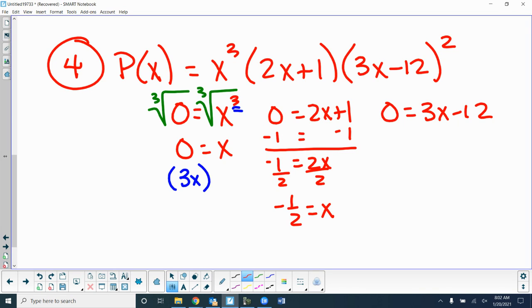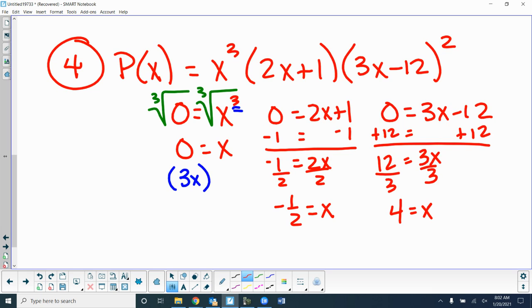Okay? You can hold on to that while we're going over this stuff. All right, for this one, we're going to add 12 on both sides, and then divide by 3. So we get 4 is the 0. Okay?